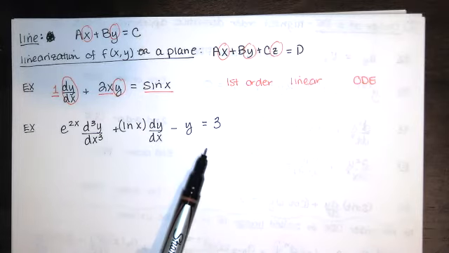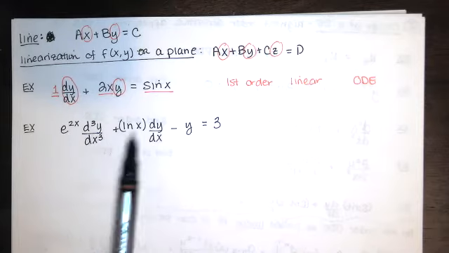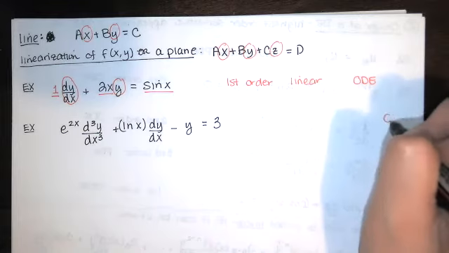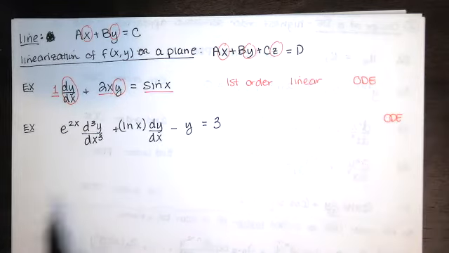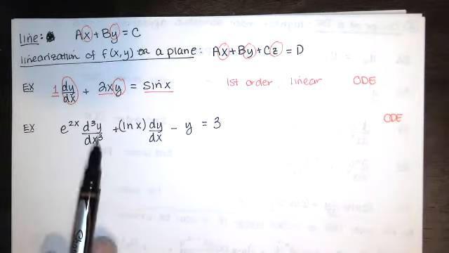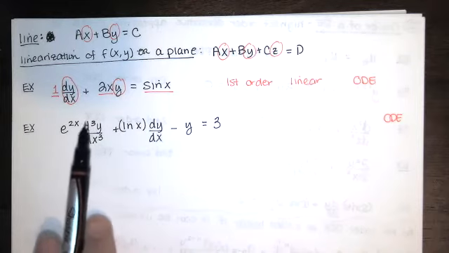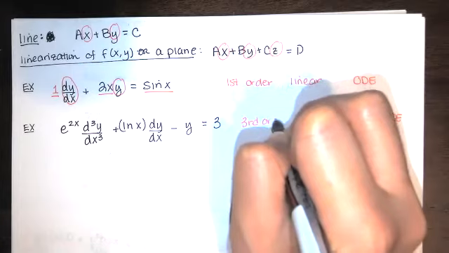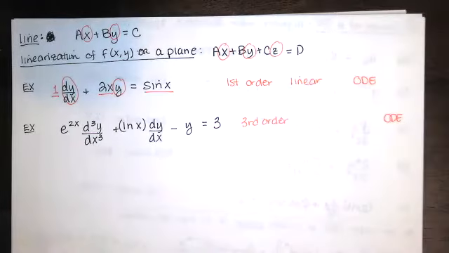Well, let's figure out whether it's an ODE or a PDE. Those D operators are ordinary derivatives, so this is an ODE. Then I want to classify it by order. It's a first derivative, that's a third derivative, so this is third order.